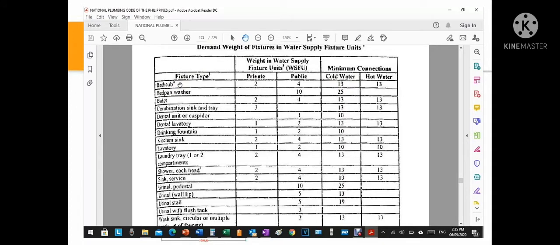This is the fixture supply pipe. The fixture supply pipe is the pipe directly connected to our fixture, and it is connected to the fixture branch. So, if you don't remember, please go back to my previous module, which is the water supply system.